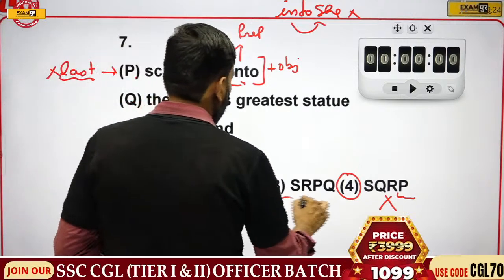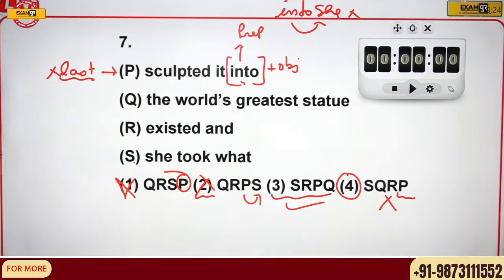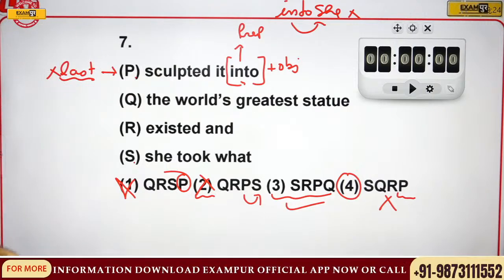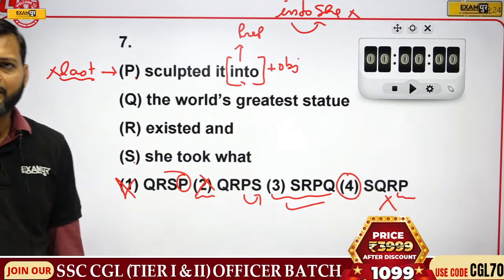So this way option number 3 is the only option that is left. So here SRPQ is the right answer.